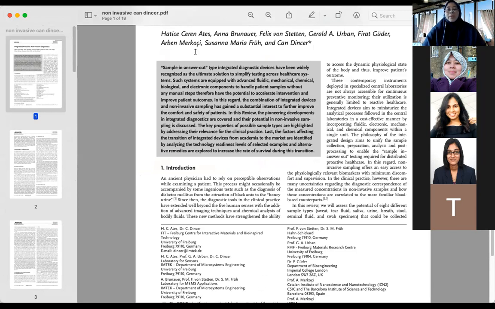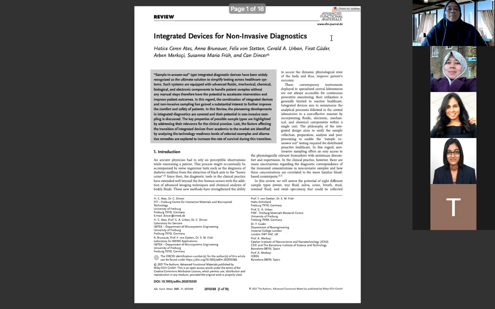So this one is by one of my favorite researchers from Germany. You can see the title: integrated devices for non-invasive diagnostic.